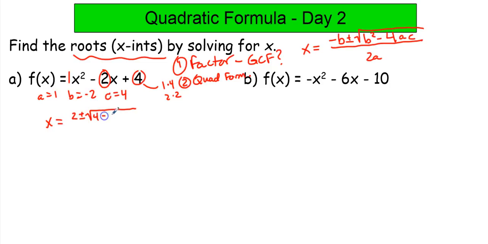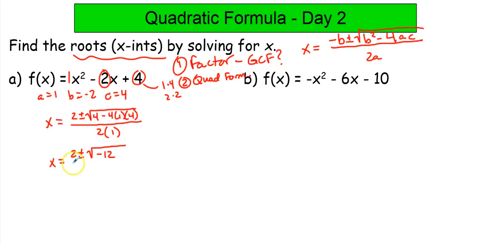That's 4 minus 4 times 1 times 4, over 2a, which is just 2 times 1. Go through and simplify. x is equal to 2 plus or minus the square root of 4 minus 4 times 4. So that's 4 minus 16, which gives us a -12.